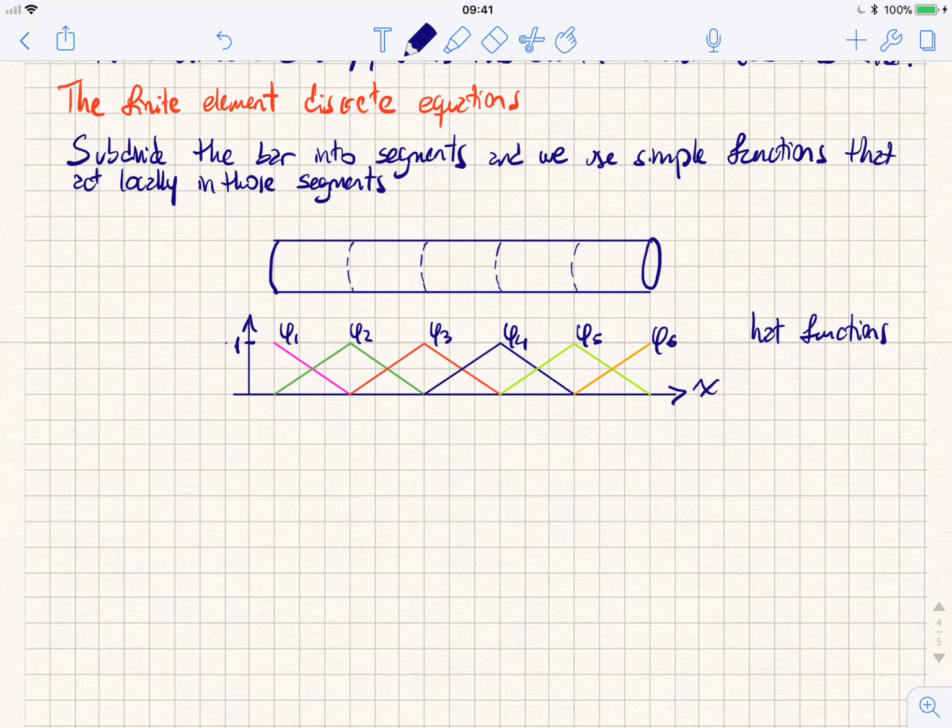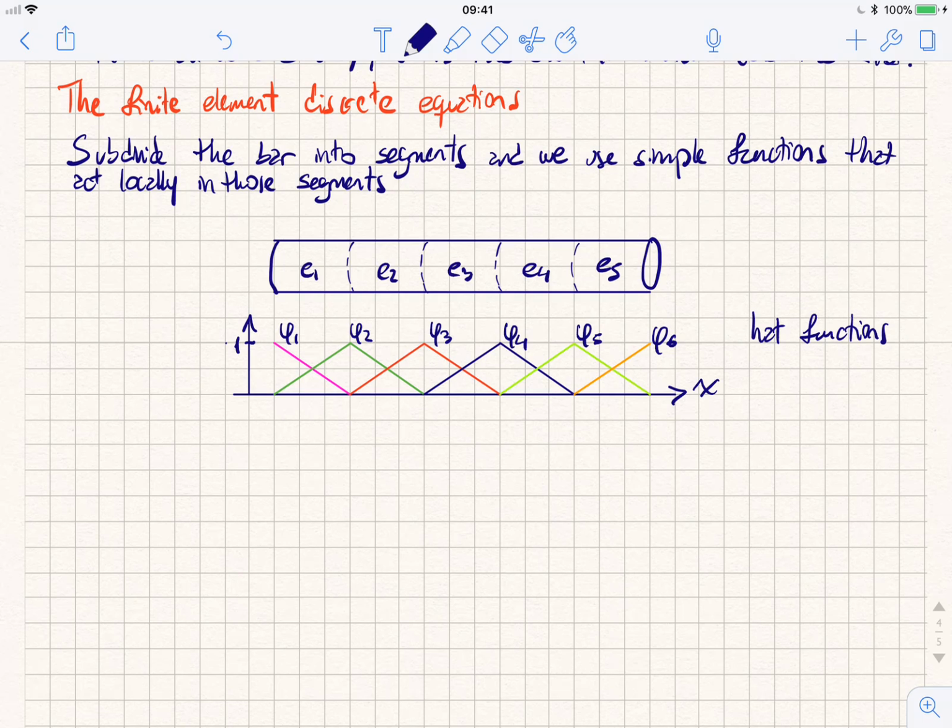So how we express our solution. So if this is, let's say, element 1, element 2, 3, 4, 5. So we subdivided the bar in 5 elements, and we choose these type of functions, linear functions.